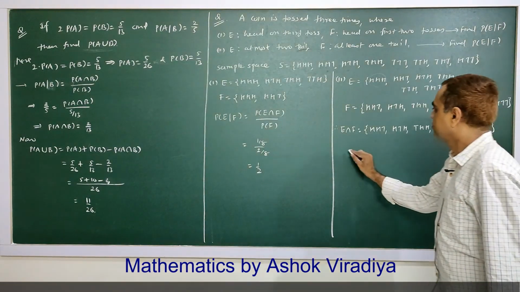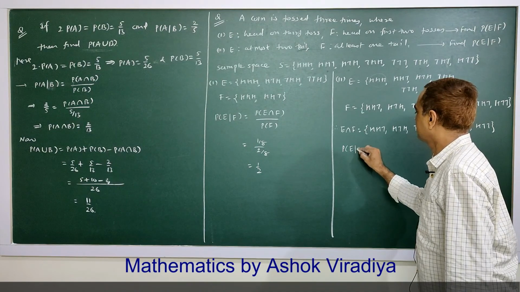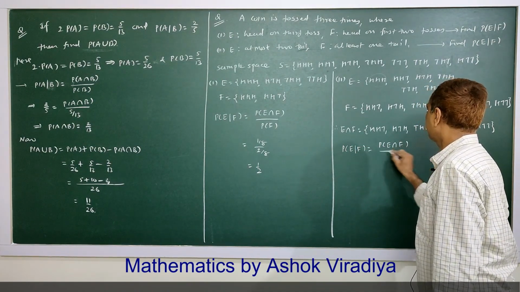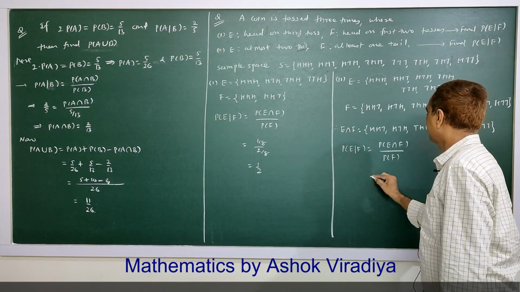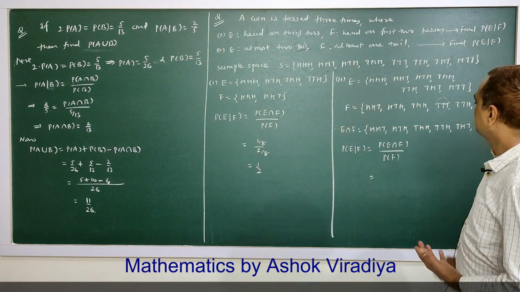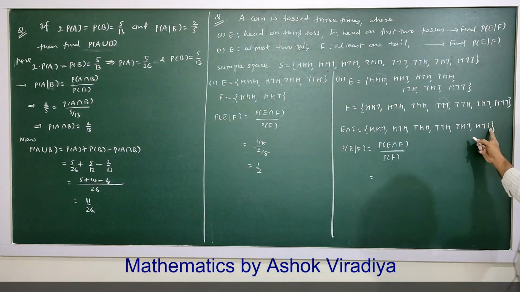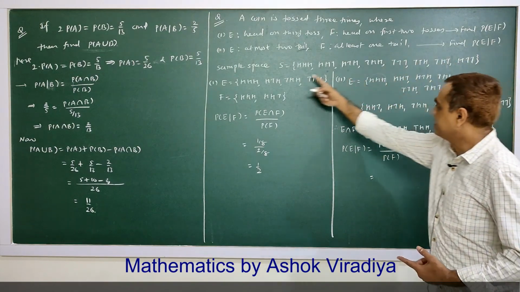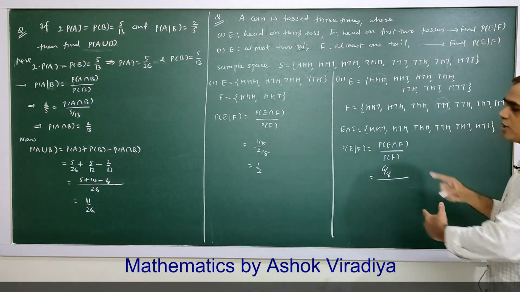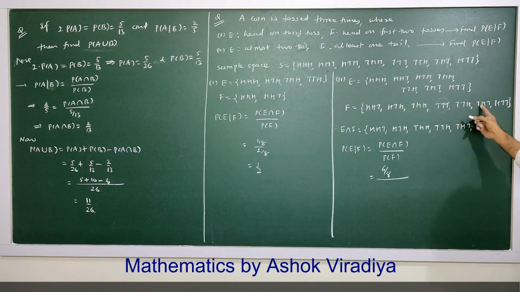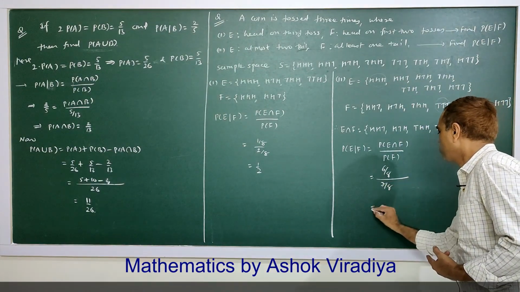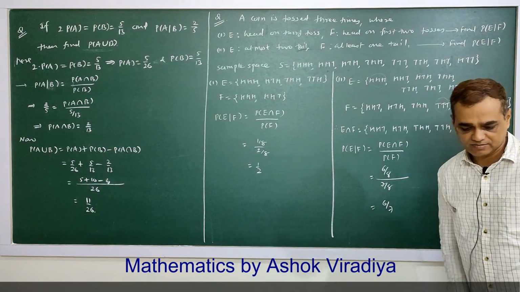So probability of E by F is probability of E intersection F upon P of F. E intersection F has 1 2 3 4 5 6 elements, so 6 by 8. Upon probability of F, 1 2 3 4 5 6 7 elements, 7 by 8. So the value is 6 by 7.